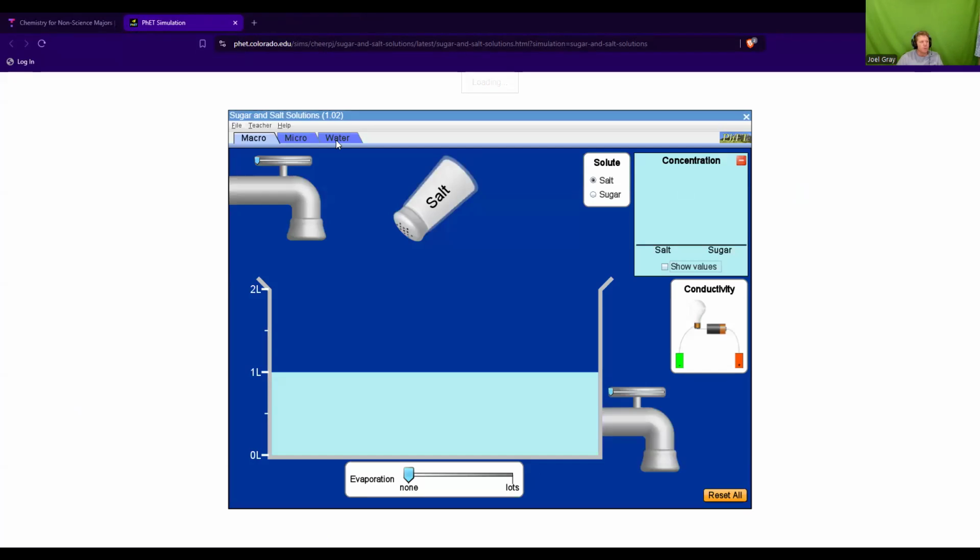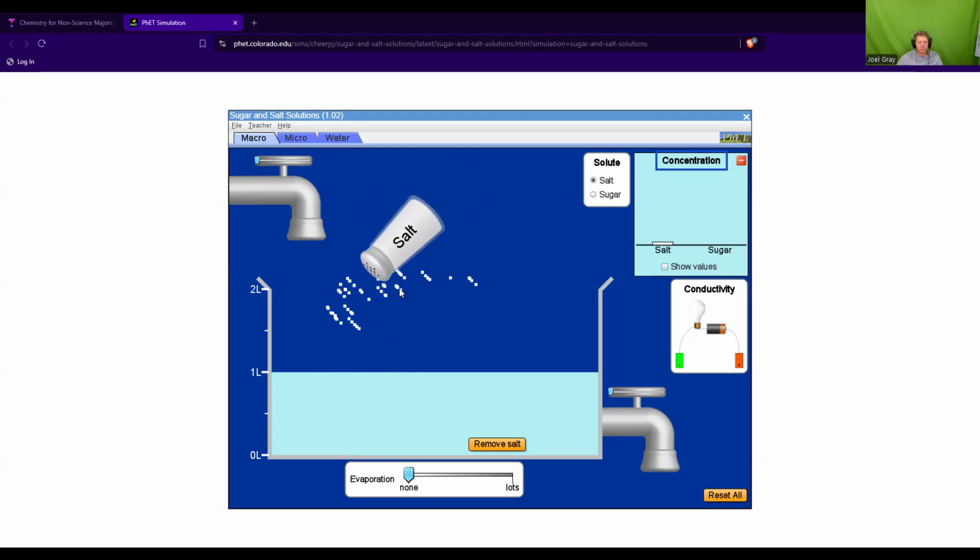Now, if we were to make a solution of salt water, we would get some table salt and add it to water and boom, we've got a salt solution. And if you look on the right-hand side, we have a measure of what's known as concentration. So this is basically a measure of how much salt is dissolved in that water.